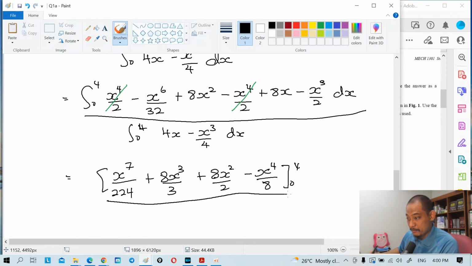Divided by 4x squared over 2 minus x to the power 4 over 16, from 0 to 4.